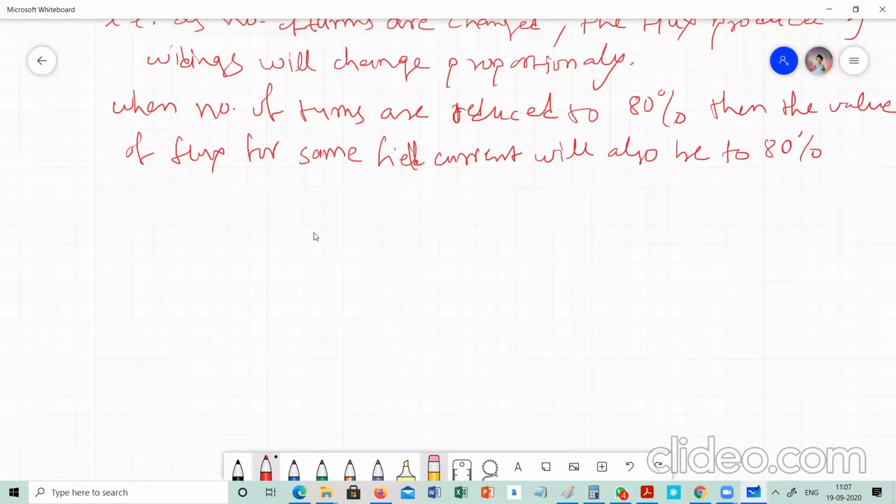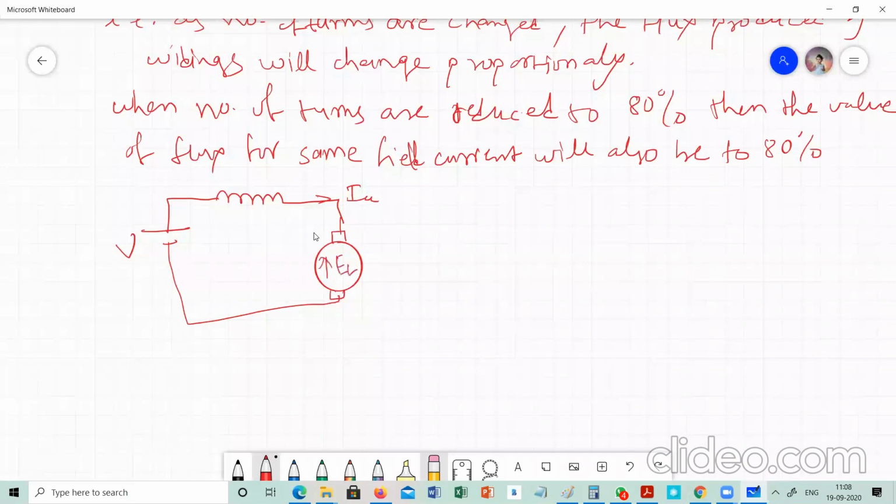Now we will draw the circuit diagram of the series motor. The field is connected in series with the armature. Okay, the armature current is IA, source voltage is V, and the back EMF we will write EB or E. The voltage across armature is VA.